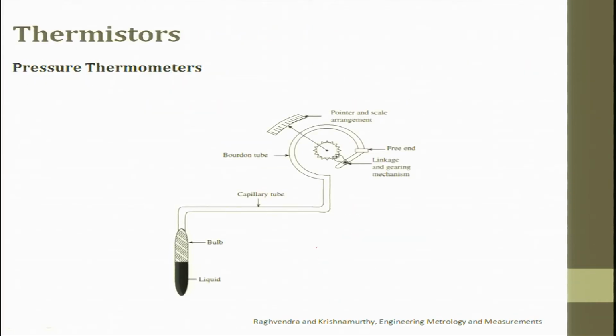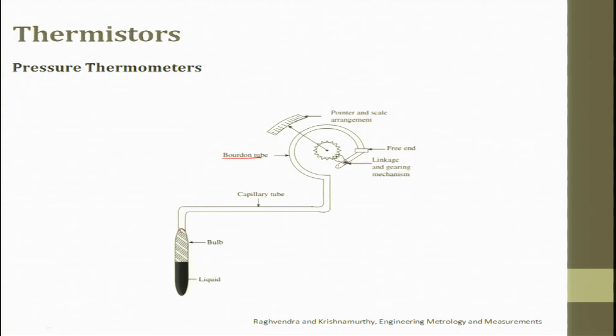So, there is also the pressure thermometer. In pressure thermometers there is a liquid, a bulb, a capillary tube, and then a Bourdon tube, which is attached to a link.